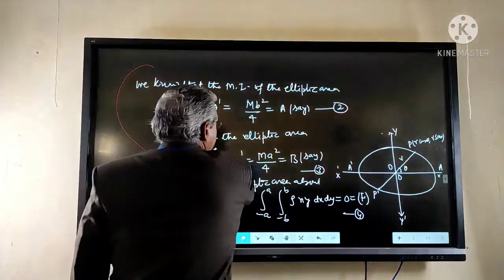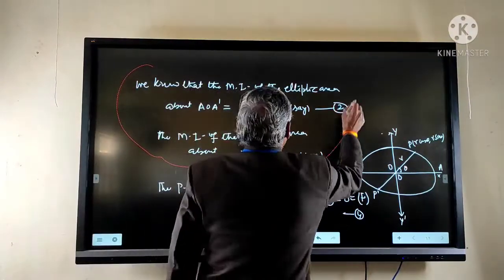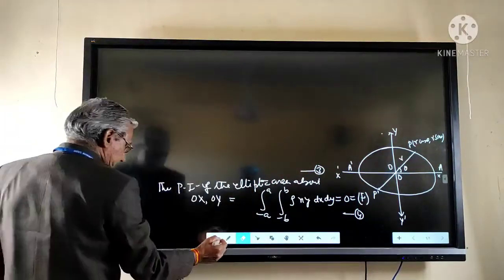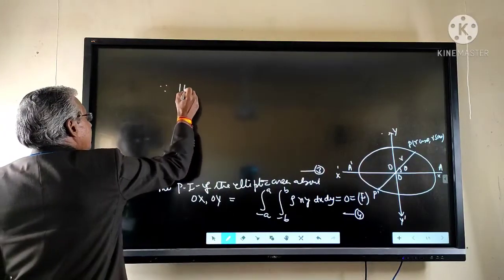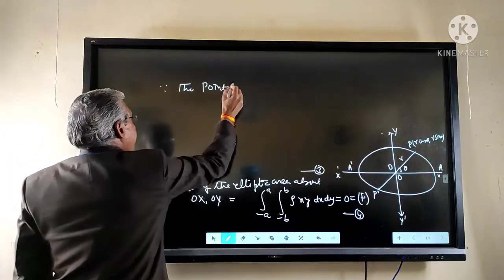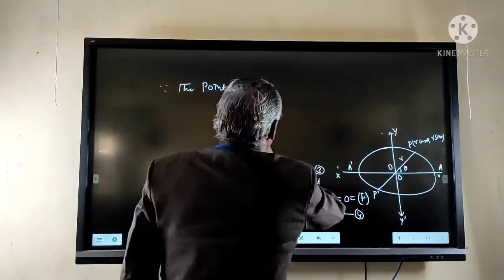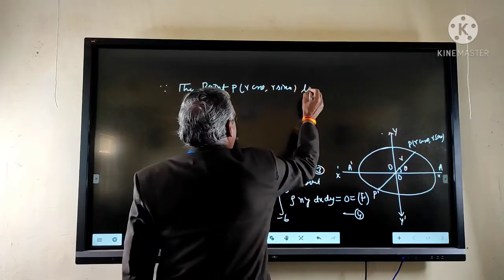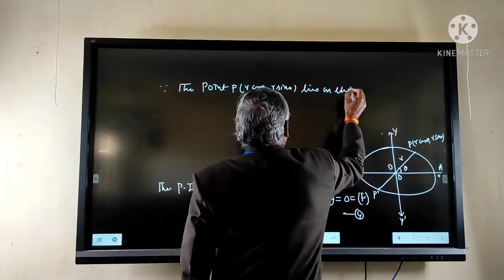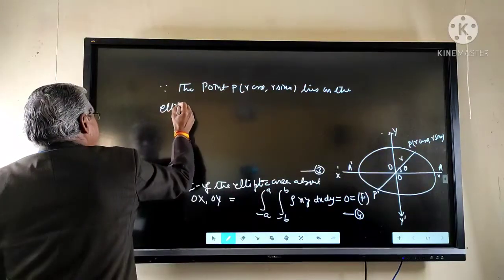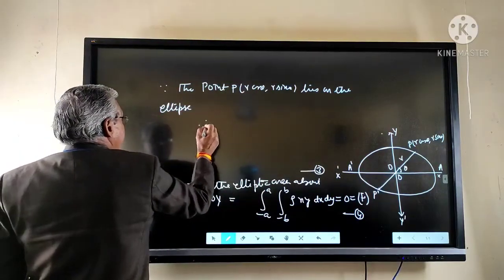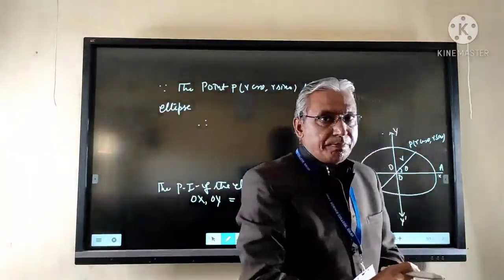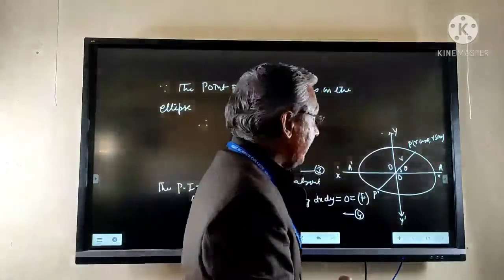Since the point P (r cos theta, r sin theta) lies on the ellipse, the coordinates of the point P satisfy the given equation.